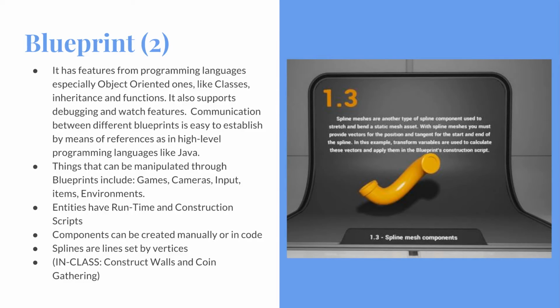Some things need to be coded in C++, and some things will be very inefficient with Blueprint. As I've shown you, there are runtime and construction scripts, as well as many other different kinds of scripts, including level scripts and things like that. And that's essentially it.